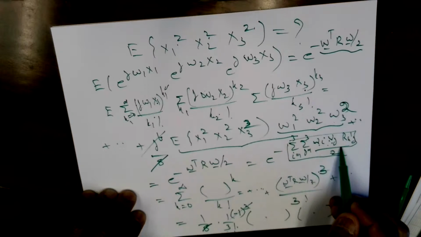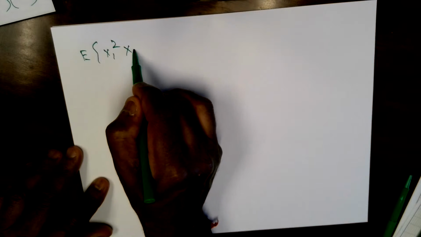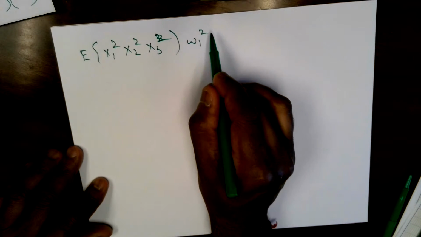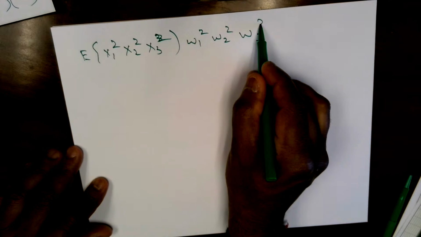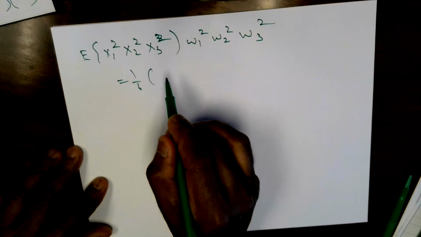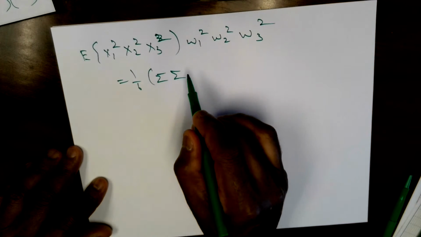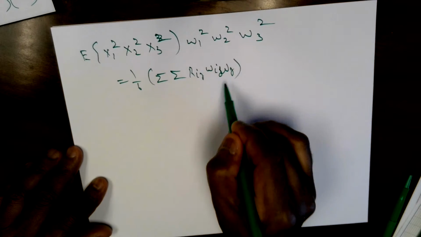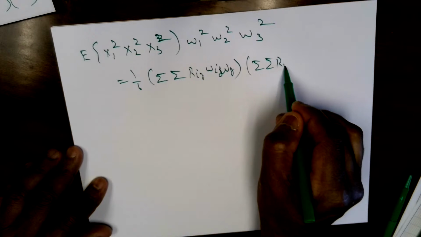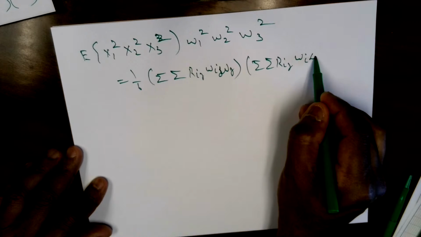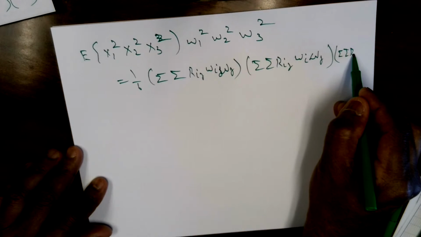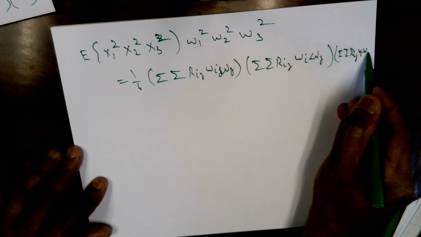I already took care of 2, so just this 3 times. So we have the expected value of x1 squared, x2 squared, x3 squared times omega 1 squared, omega 2 squared, omega 3 squared equals 1 over 6 times the double summation Rij omega i omega j, the double summation Rij omega i omega j, and one more time the double summation Rij omega i omega j.